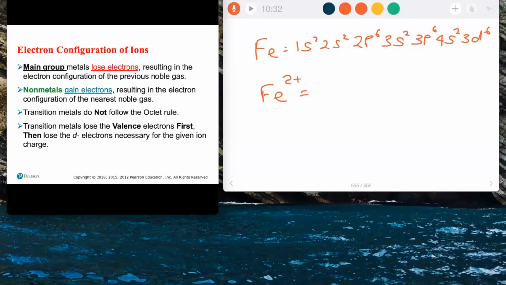And the highest n value here is 4s2. Therefore, this will be 1s2, 2s2, 2p6, 3s2, 3p6, and then 3d6. The 4s2 is gone.